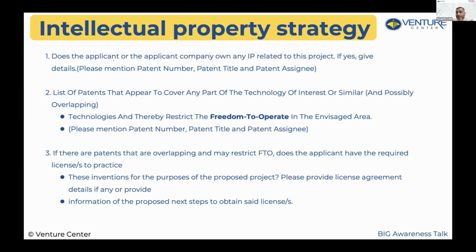For example, suppose there's a reaction A to B and you have come up with a new catalyst C. You will get a patent for the new catalyst C. But if somebody else has a patent covering reaction A to B as a generic system, then you still need permission from that person to practice the reaction A to B with your new catalyst C. So this freedom to operate is something which is asked in BIG as well.